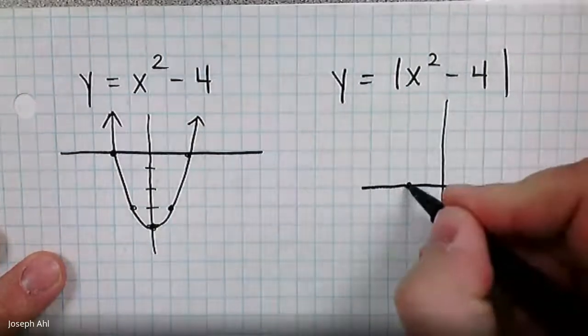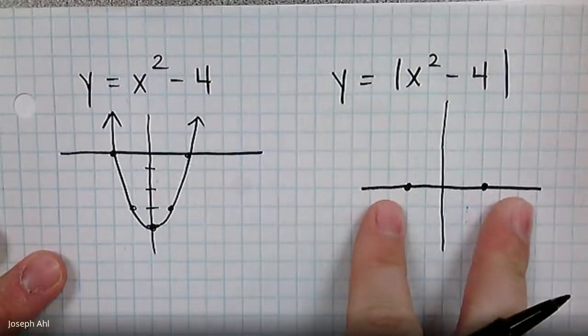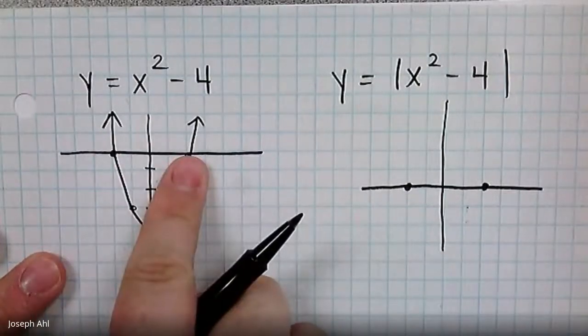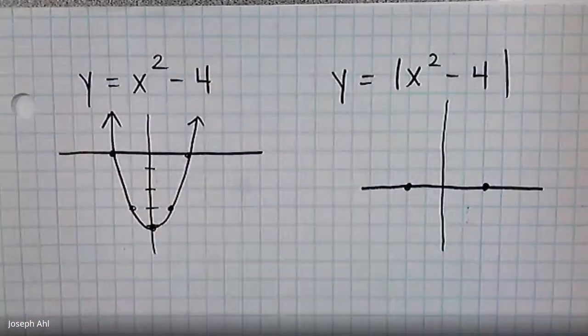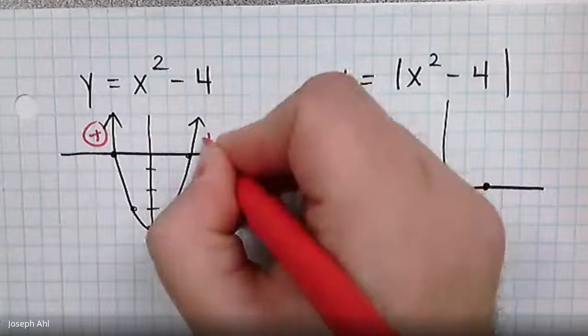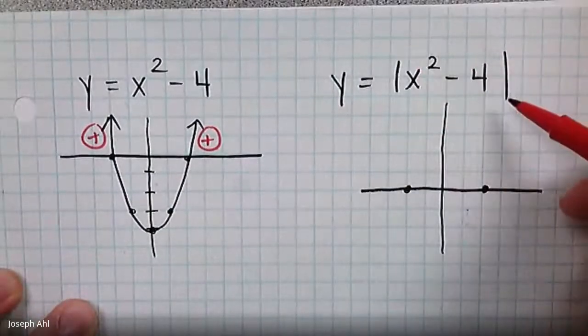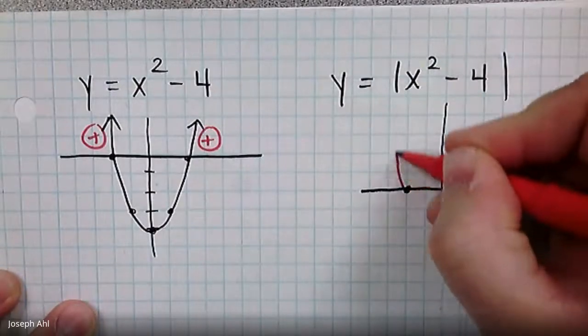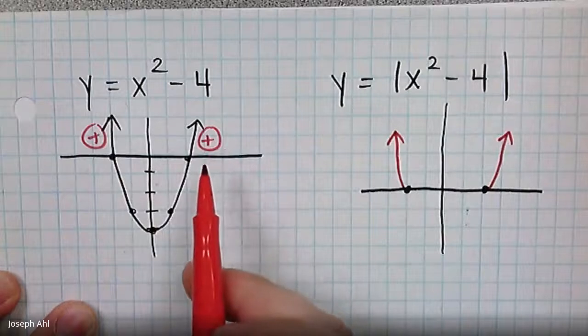So let's think about what's happening around the points where we hit 0. To the left and right of 0, the original graph was positive, wasn't it? Here it's positive and here it's positive. It's above the x-axis. So when I do absolute value of those positive numbers, they're going to stay positive. Those two parts of the graph are identical.